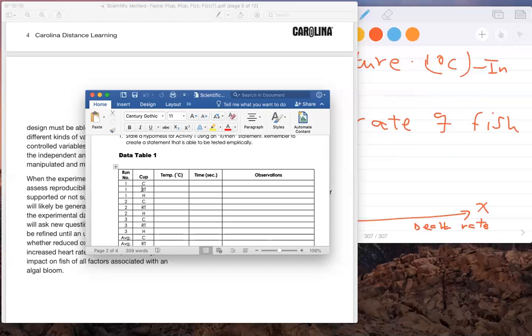And then there is RT for room temperature. And then there is hot for hot water bath. It can be 60 degrees Celsius, or you can use hot water from your tap, or even the sink, if you have hot water, you can use that.